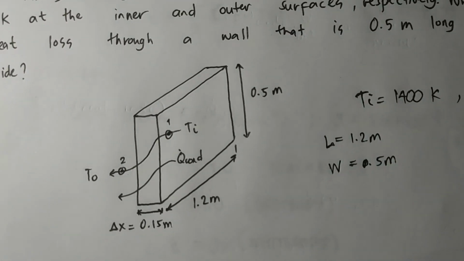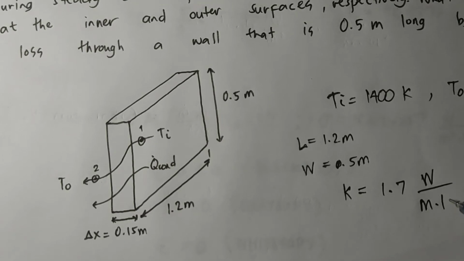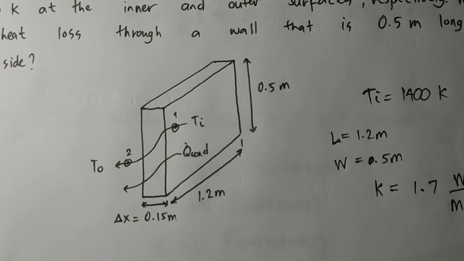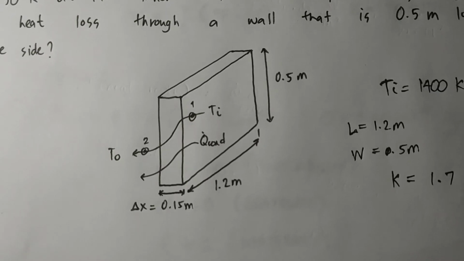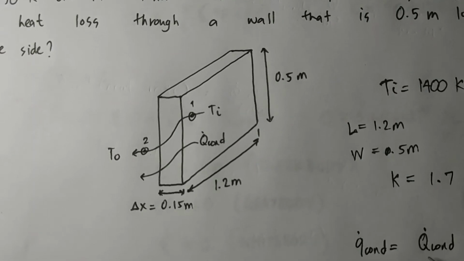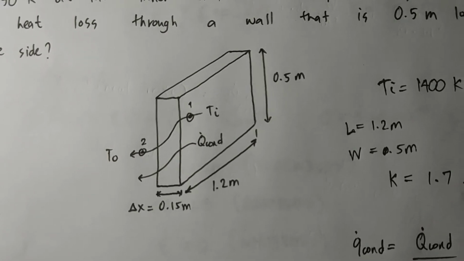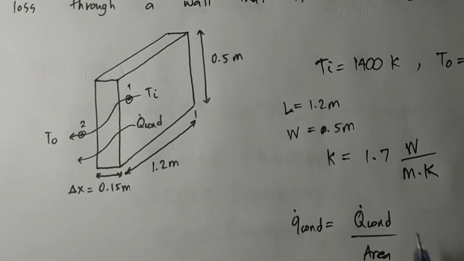So given na ang iyong thermal conductivity na 1.7 watts per meter Kelvin. Tinatanong dito, what is the rate of heat loss? So kung ating babalikan, di ba? Ang rate ng heat conduction is equals to Q conduction, Q na malaki, over the given area. Pero bago mo makuha itong maliit na q or heat rate, kailangan mo munang kunin yung heat of conduction niya.